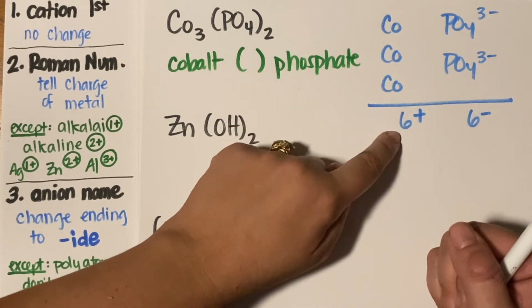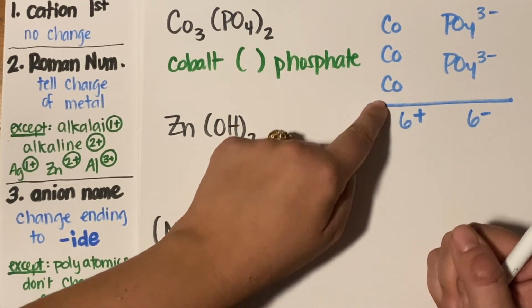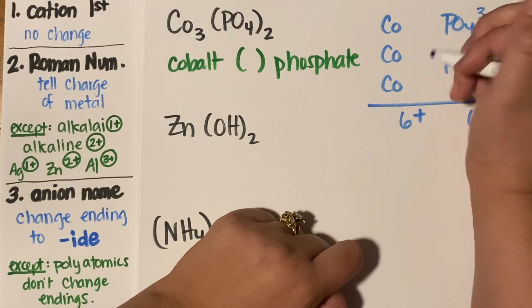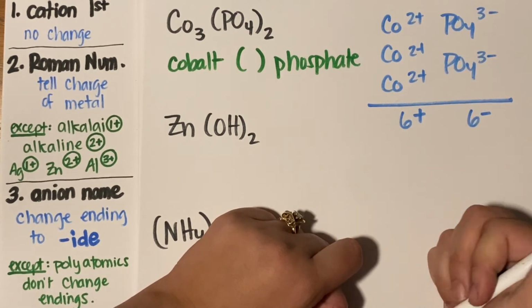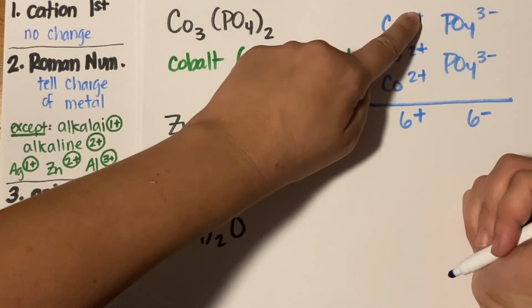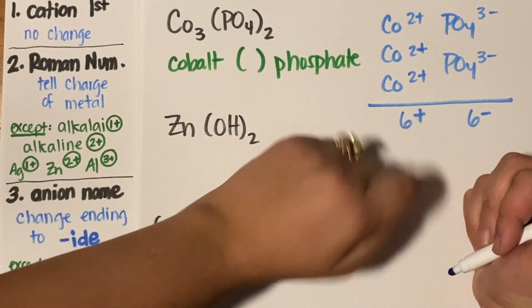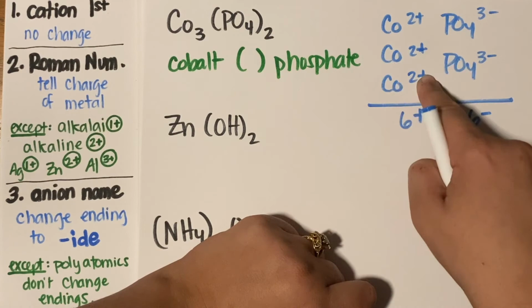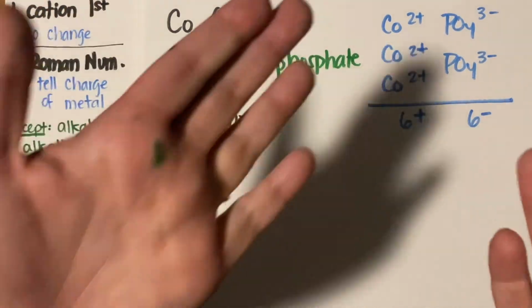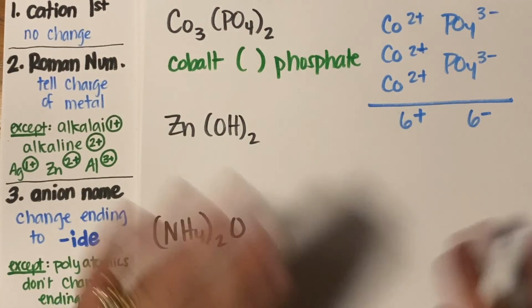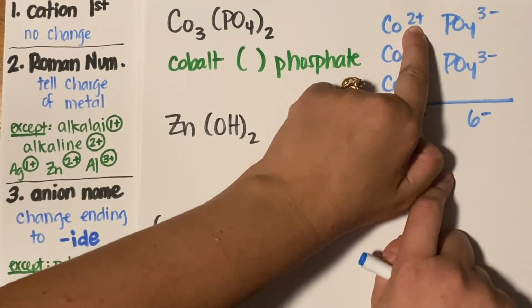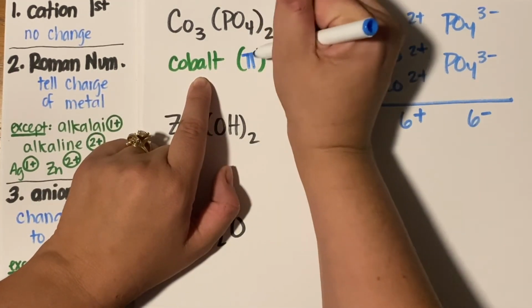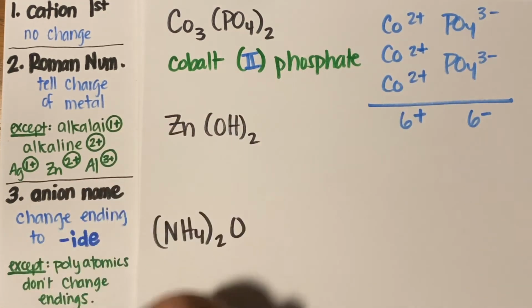I have to take 6 and divide it by 3. So each cobalt has a 2 plus charge. I have 2 plus 2 plus 2 is 6 plus total. So now my positives and my negatives balance out. Everything's good, okay? And this is going to be cobalt with a 2 plus charge. So this is cobalt 2 phosphate.